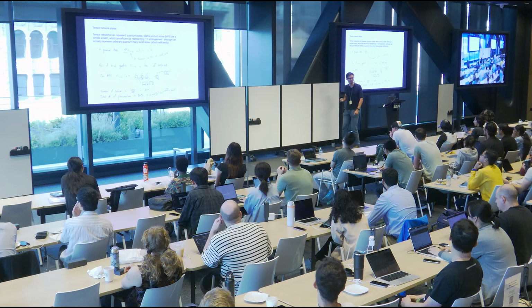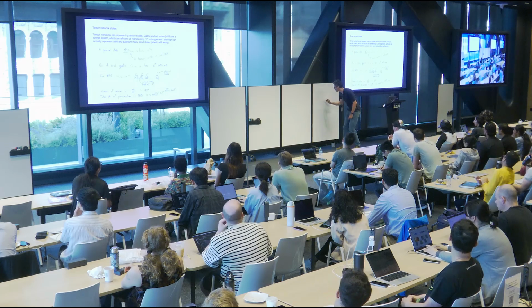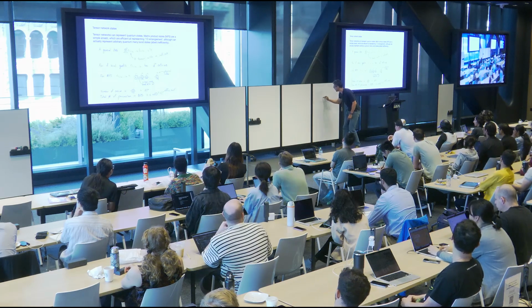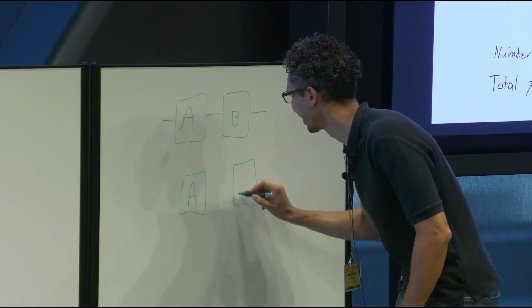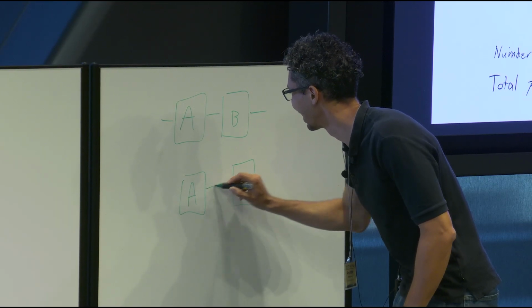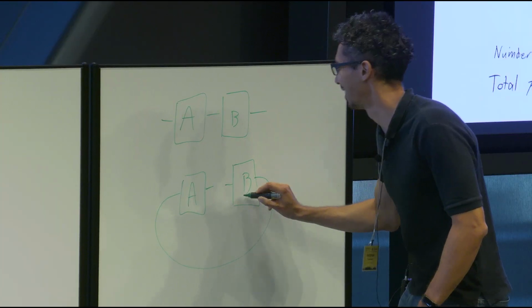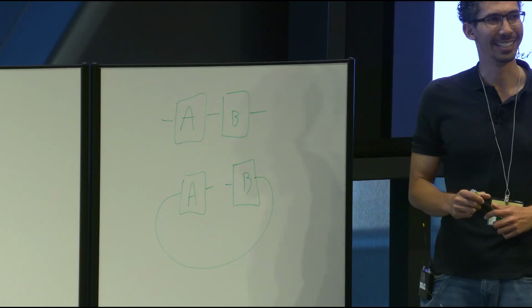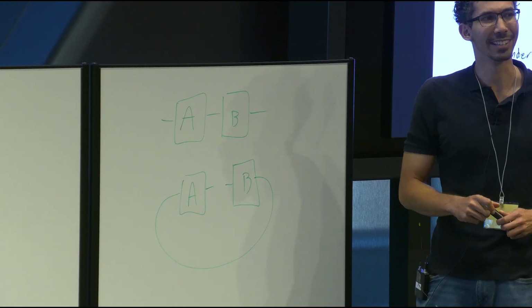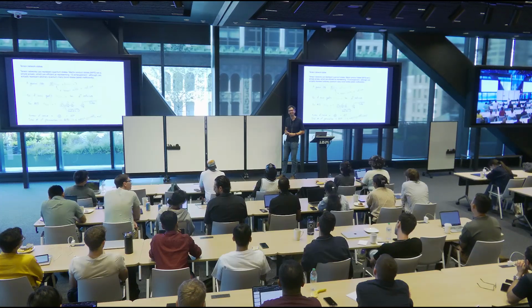This would be A times B. B times A would look like this. So you've connected different indices together. Okay, I see.